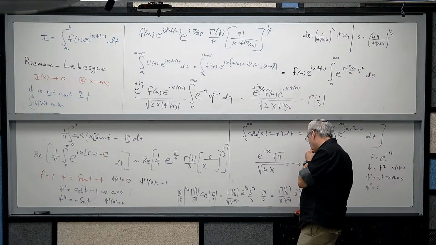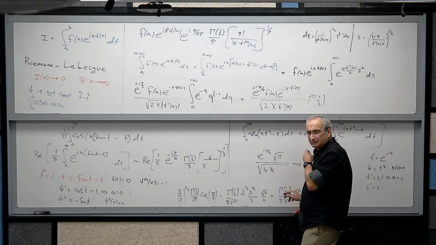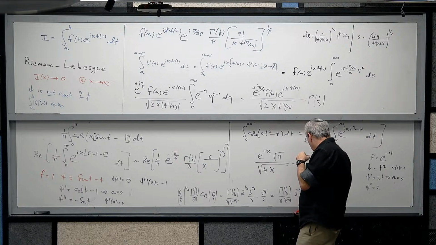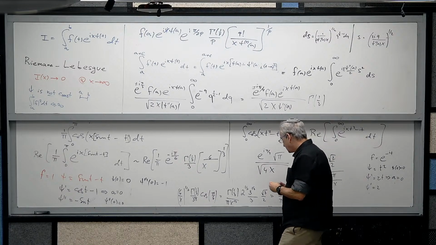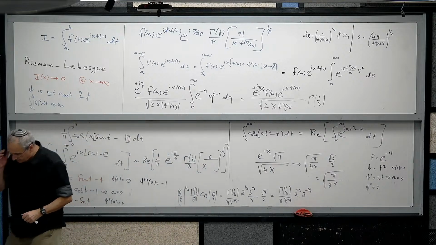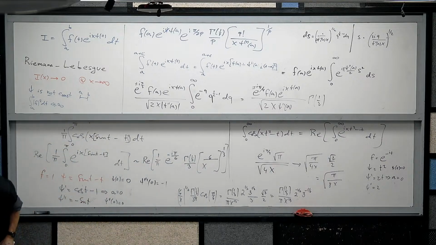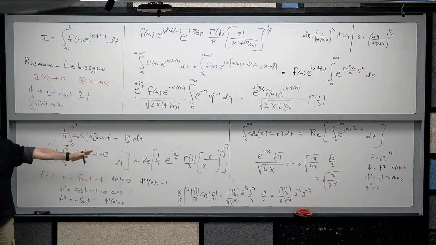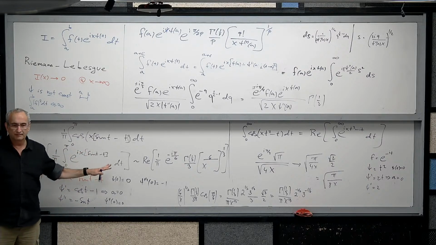I have 1/3 plus 1/2 minus 1. So it's 1/6 minus 1, minus 1/6. So 3 to the minus 1/6. Right? Exactly. Okay, so this is a correct answer. Fine?